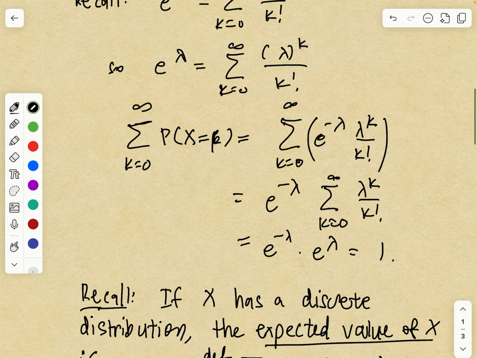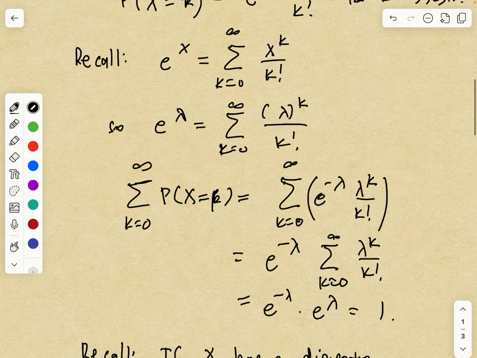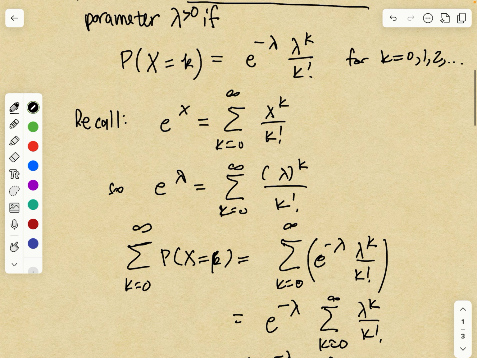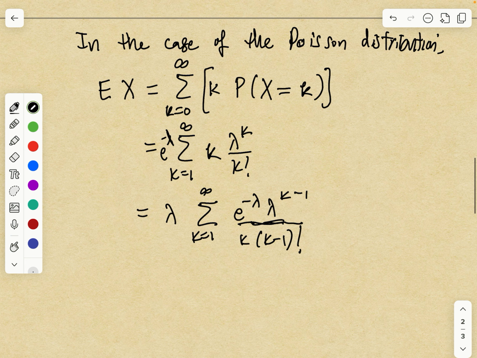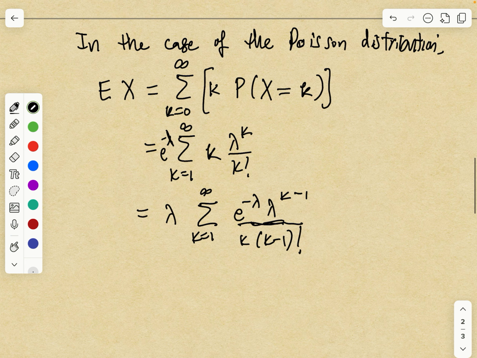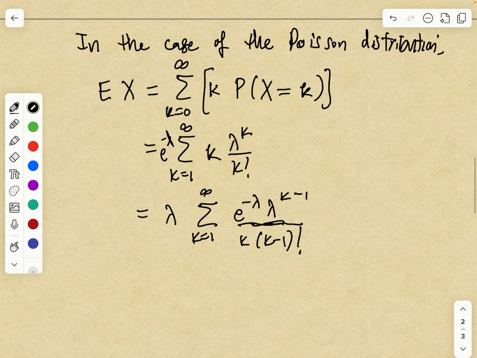I know that the sum of all the P of X equals k gives 1. I have a k here, and then I can cancel out the k's like this.